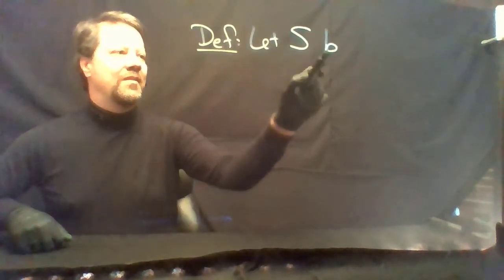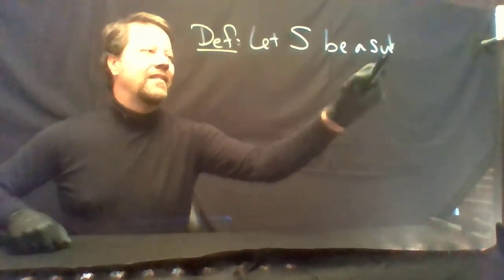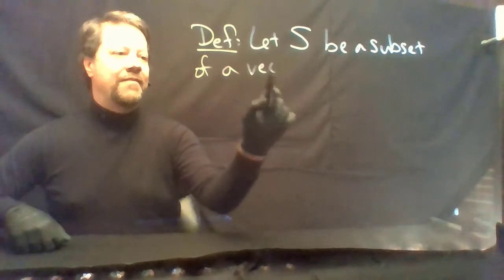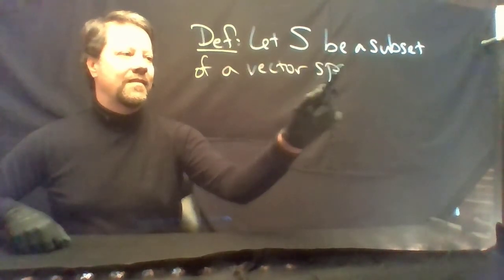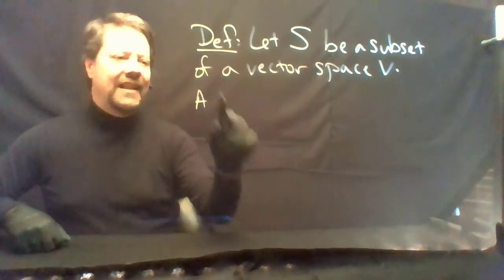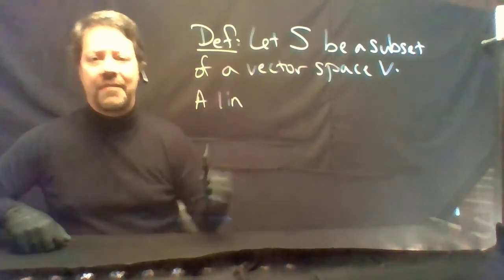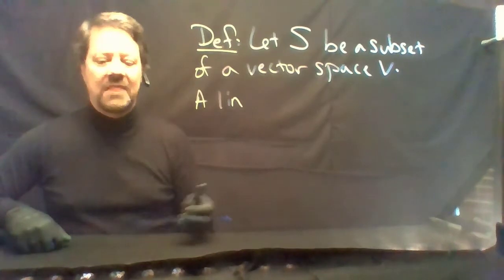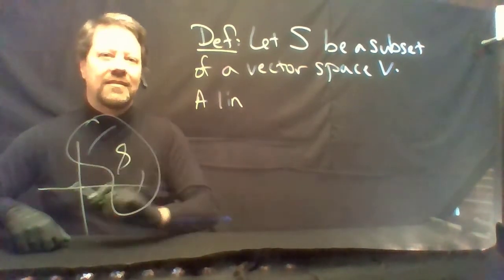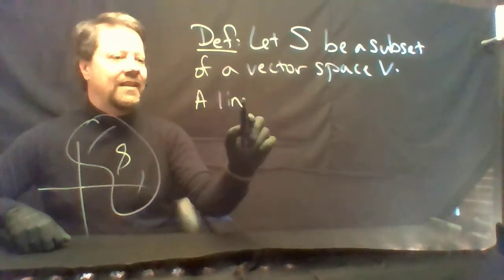Let S be a subset of a vector space V. S doesn't have to be finite, it could be infinite. In R2, it could just be some blob. It could be anything.